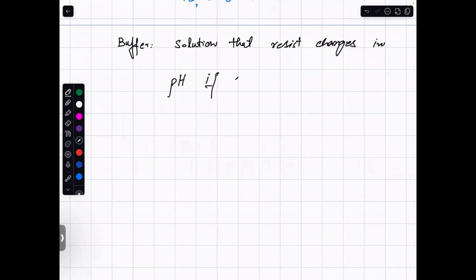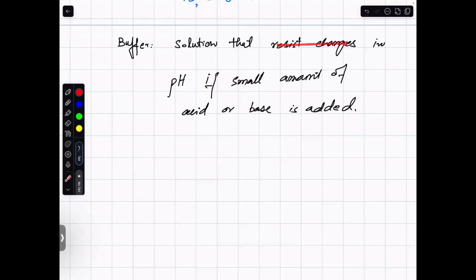If I define it: a buffer is a solution that resists changes in pH if a small amount of acid or base is added. Saying "buffer maintains pH" is incorrect.